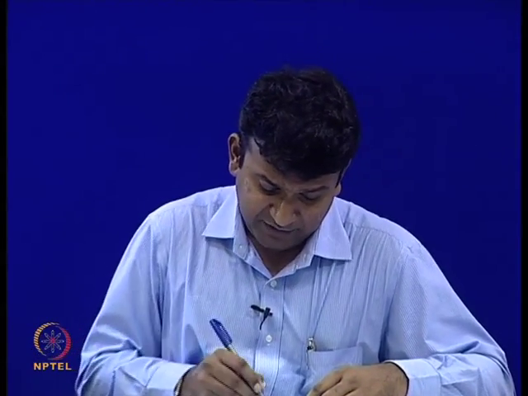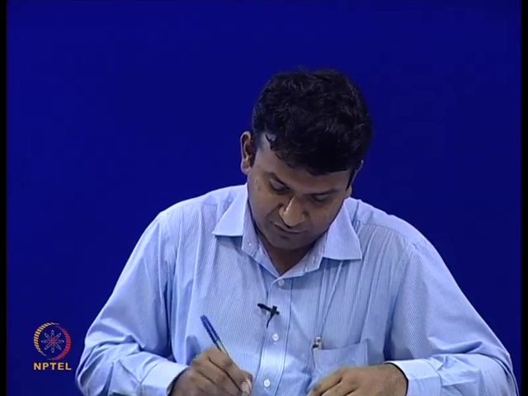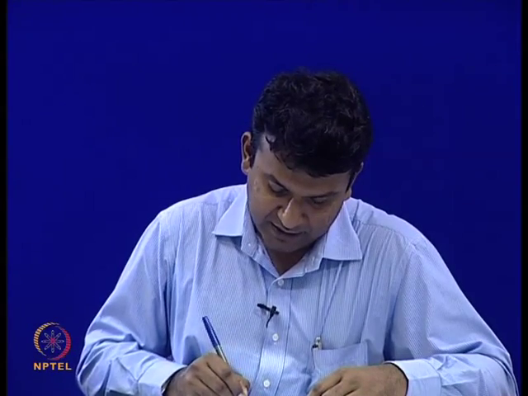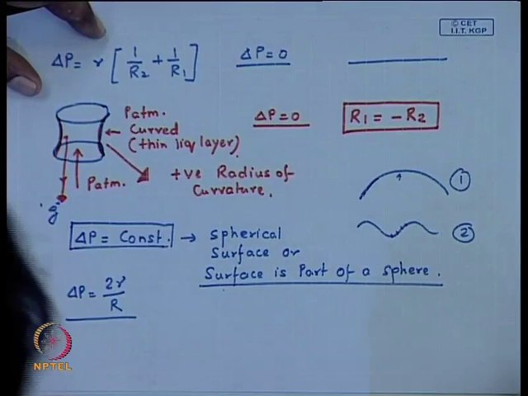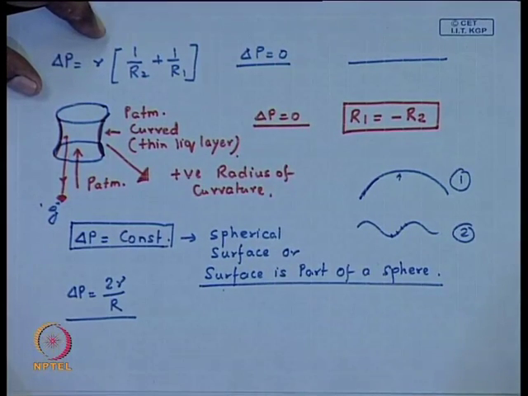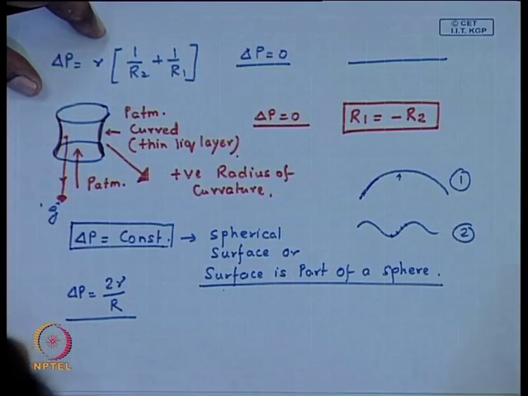Now, as we talk about a spherical surface, even in the first derivation of the Young-Laplace equation a couple of lectures back, we showed that if you took a spherical surface, you get delta p equal to 2 gamma by r. Then we looked into a surface with two arbitrary curvatures, and we came up with delta p is equal to gamma into 1 by r1 plus 1 by r2.